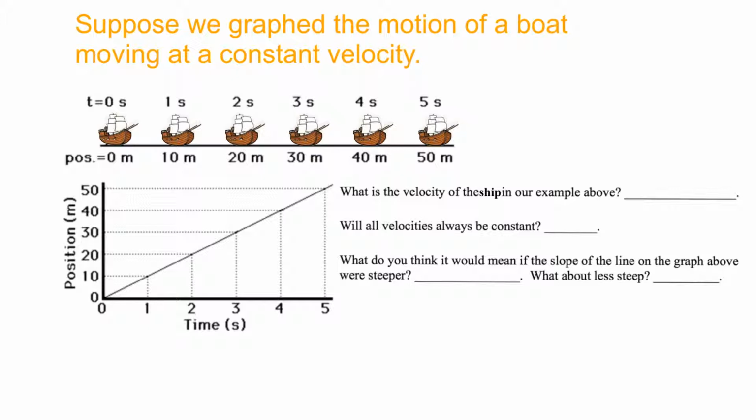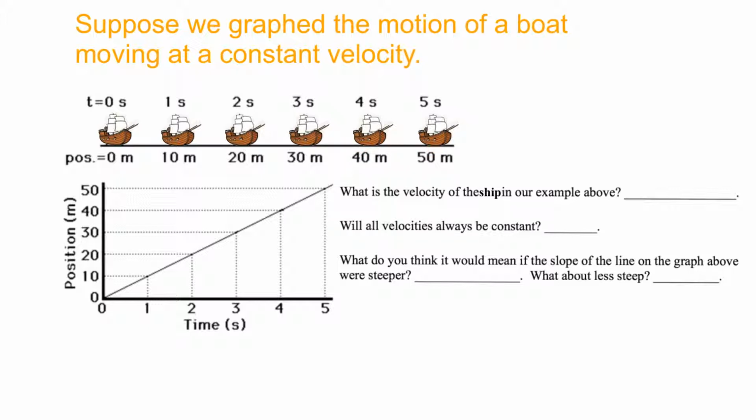Alright, so suppose we graph the motion of a boat that's moving at a constant velocity. You'll notice we'll call this the origin, the starting position. He hasn't moved yet, and we have the time at 0 seconds. After 1 second, the boat moved 10 meters. Another second, the boat has moved 20 meters, and so on all the way out to 5 seconds.